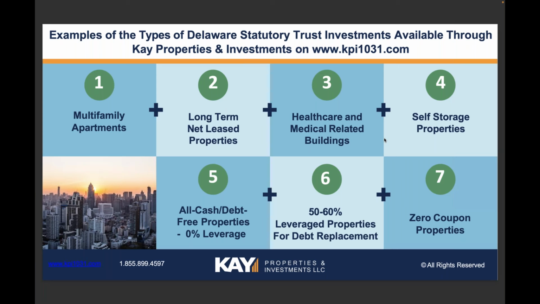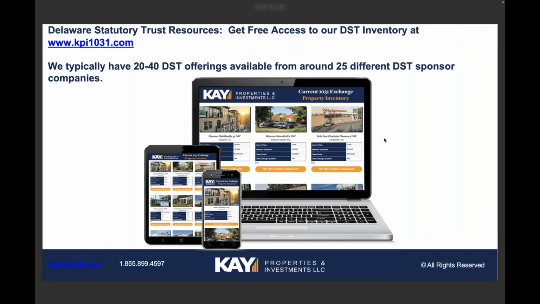On the KPI1031.com platform, we typically have 20 to 40 different DST offerings for our investors to consider. These come from around 25 different DST sponsor companies. These sponsor companies are the asset managers that go out, find the properties, buy them, package them as a DST, and then make them available for investors.